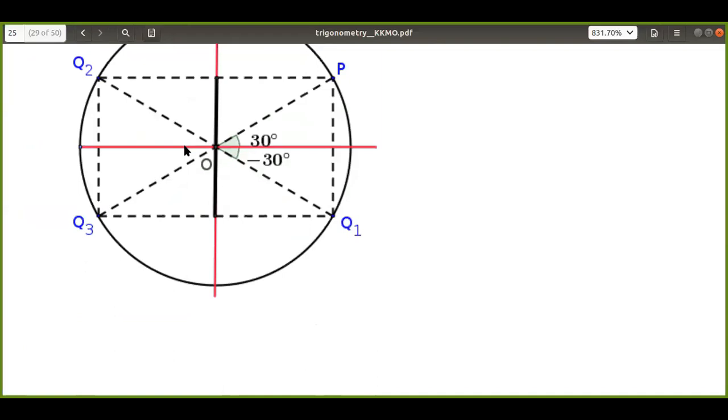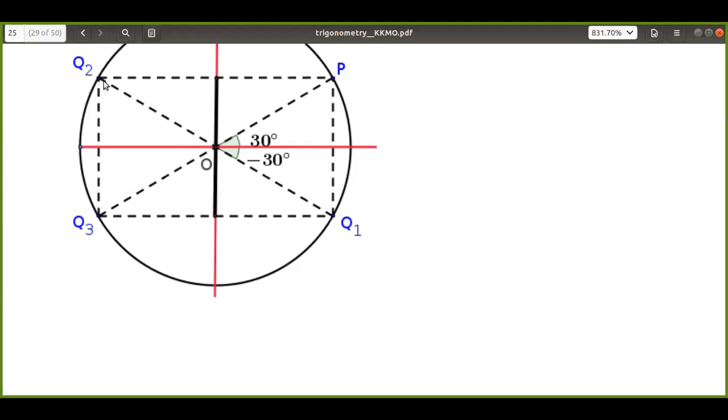To get to 210, you need to add 30 more degrees. So there's an extra 30 degrees here, so these two lines are the same line from P all the way to Q3 and it passes through the origin. That means this projection will be negative. The projection of this line for 210 degrees will be down here, so it will be negative a half. The sine of 210 degrees will be negative a half.